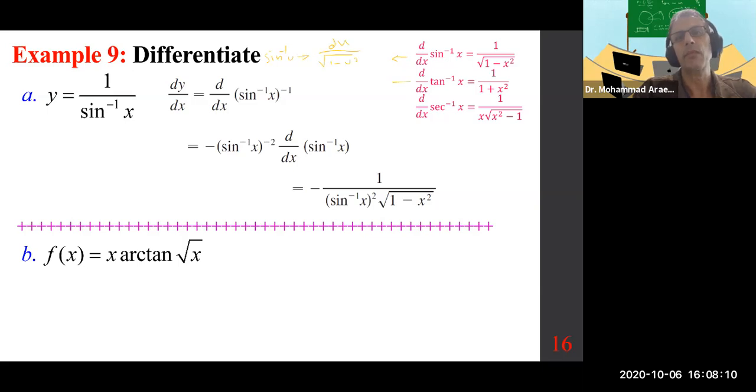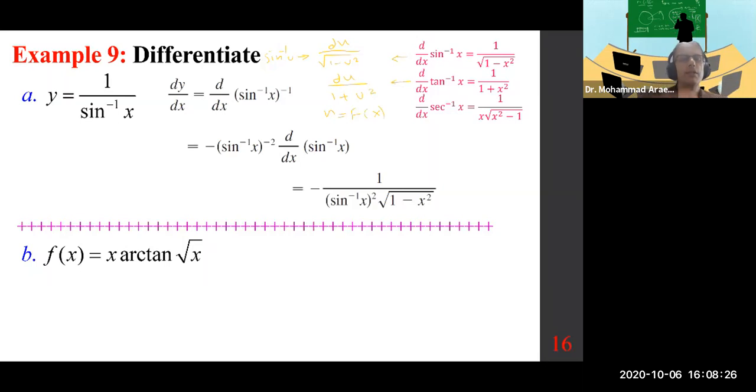This one would be, again, du over 1 plus u squared. u is a function of x.